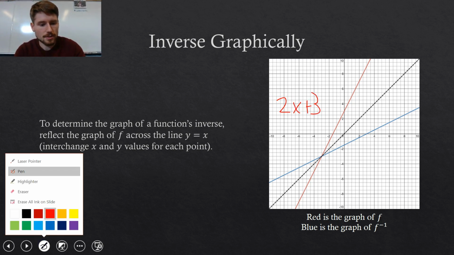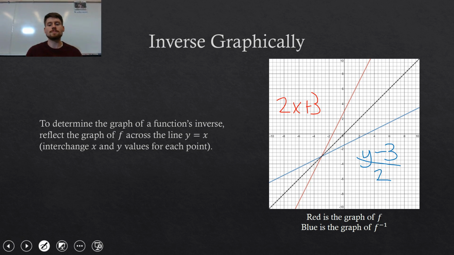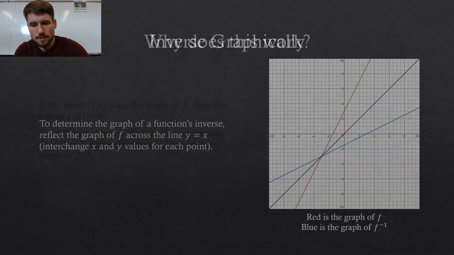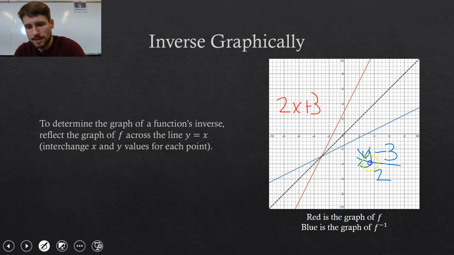And then here, in blue, we have the inverse function, which is (x minus 3) divided by 2, graphed as well. When you're graphing these two functions together, you really do need to plug in (x minus 3) over 2 to graph them together on Desmos or on your graphing calculator.